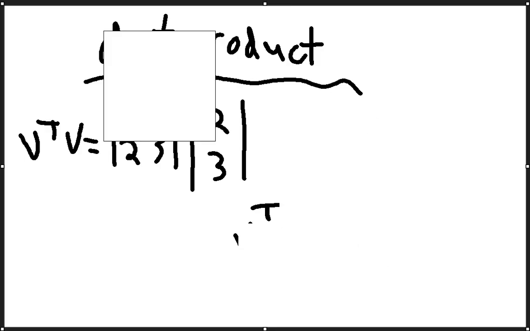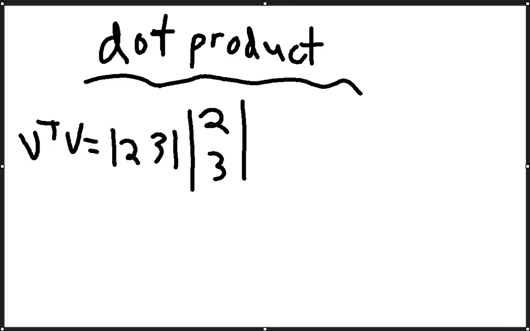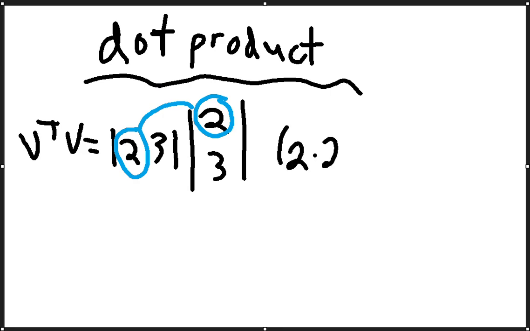And the way that we do this operation is we take the first element in the transpose and multiply it by the first element of the column. That's the first step. So take 2 times 2, and then next we take the second element and multiply it by the second element, and we add it.